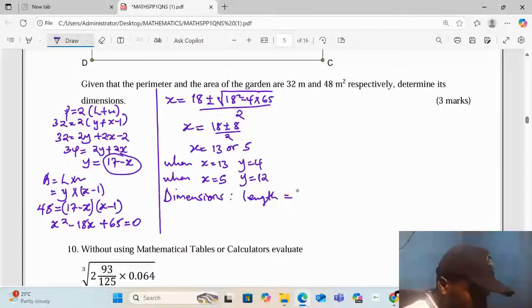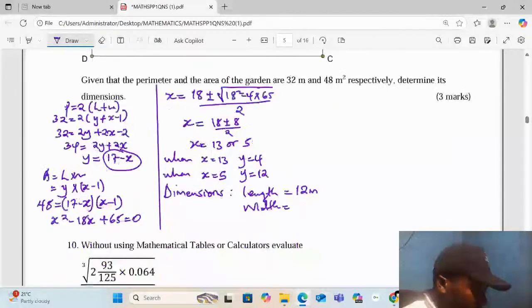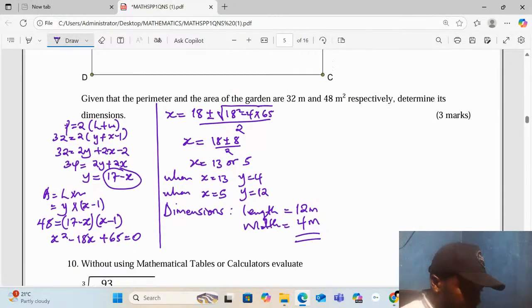The width will be equal to x minus 1, that is 5 minus 1, you get 4 meters. So this is how you find the dimensions. You have length to be 12 meters and width to be 4 meters.